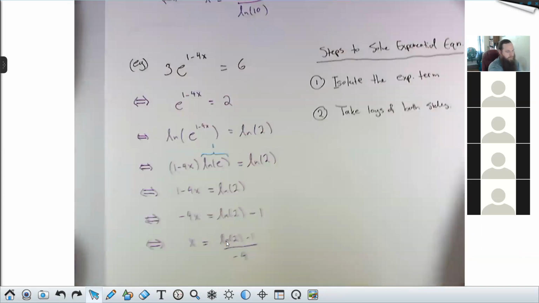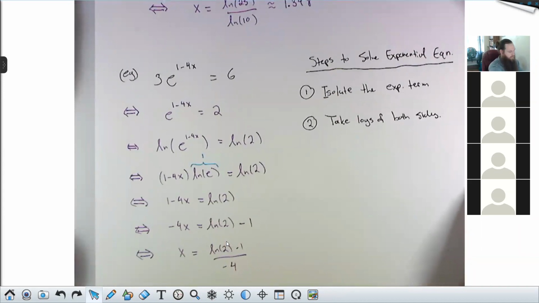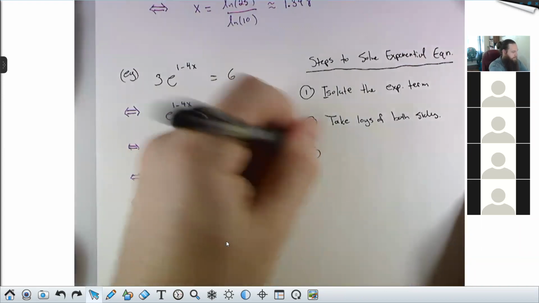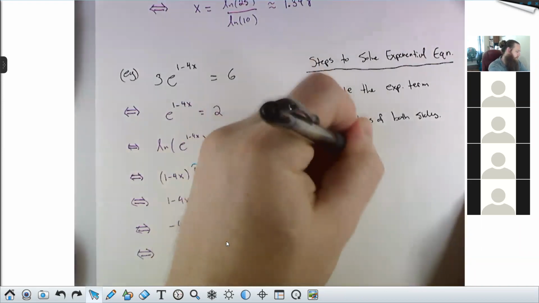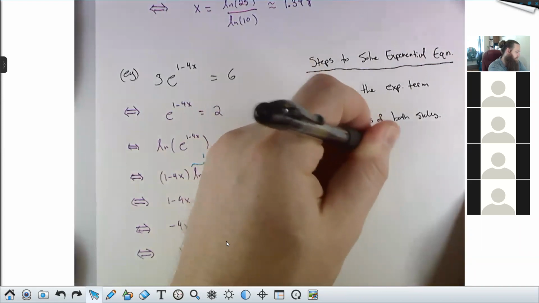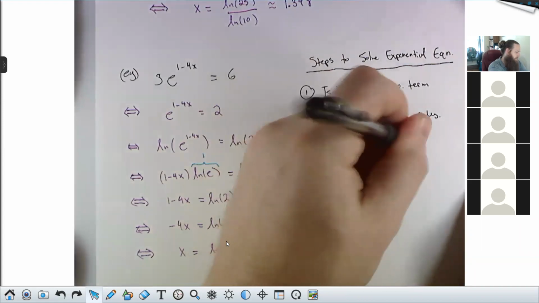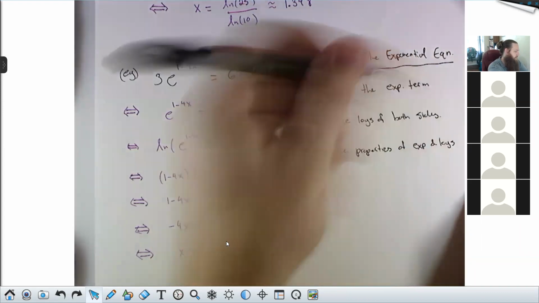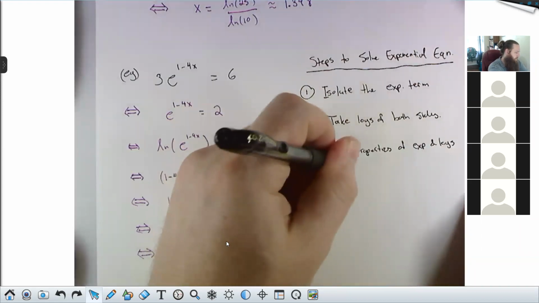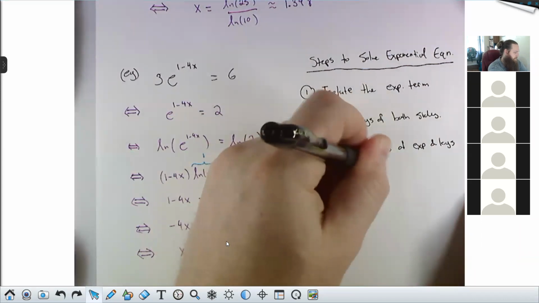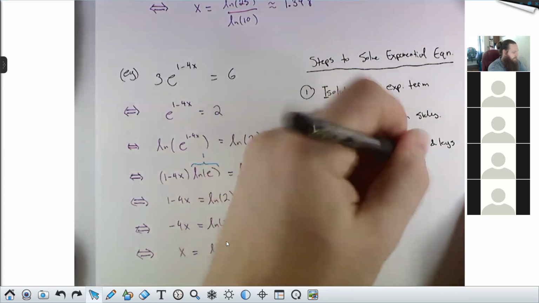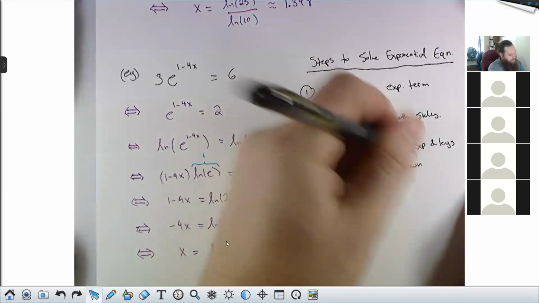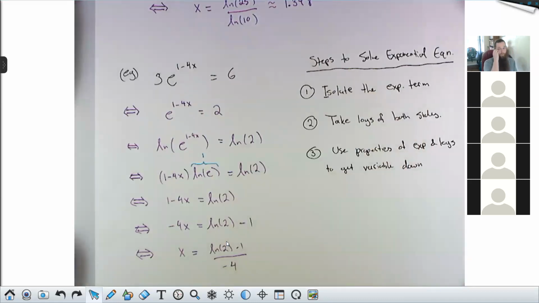And remember to always take the log of both sides. 3, use properties of logs to get the variable down and out of the log.